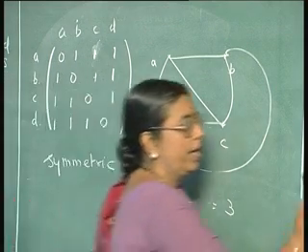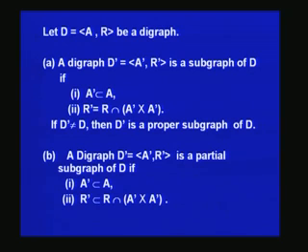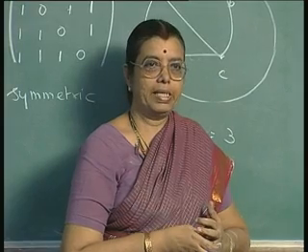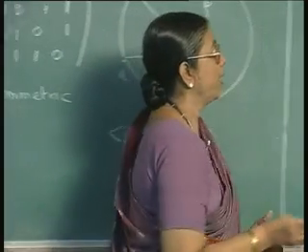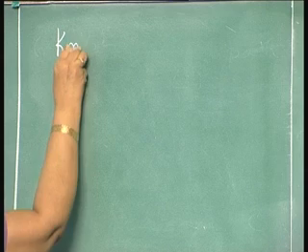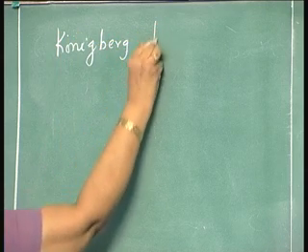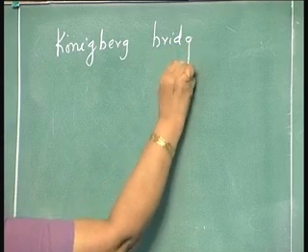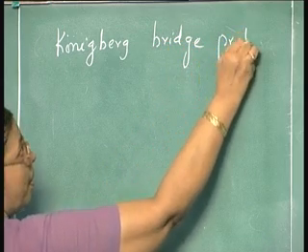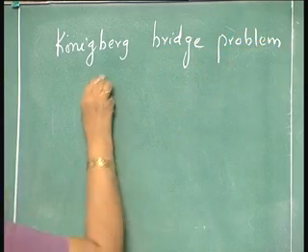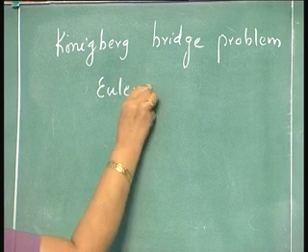Now, the whole graph theory started when Euler solved a problem called the Königsberg bridge problem, which was considered by Euler in the 18th century.